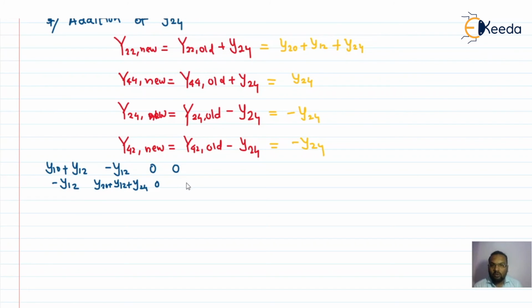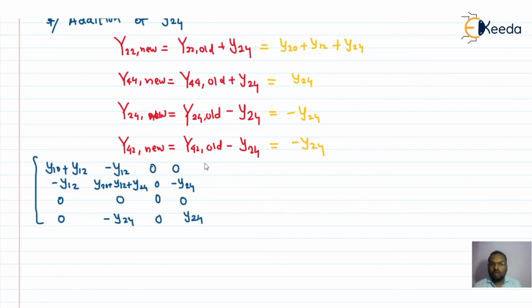Of course, y24 has got modified. It has become minus y24. These values we have not modified, so these will remain 0, 0. Here 0. Of course, y42 we have modified. It is minus y24, 0, and here it is y24.